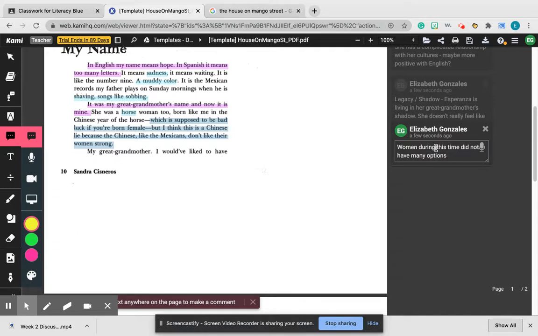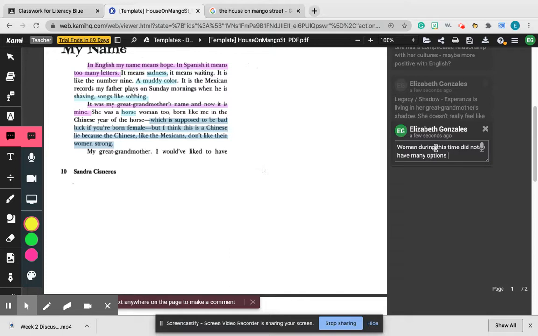This is probably set in like the 1940s, 1950s. Women didn't have a lot of options, especially before then, right? So their only choice really was to get married. And sometimes it wasn't even a choice. That was just kind of what they were expected to do.